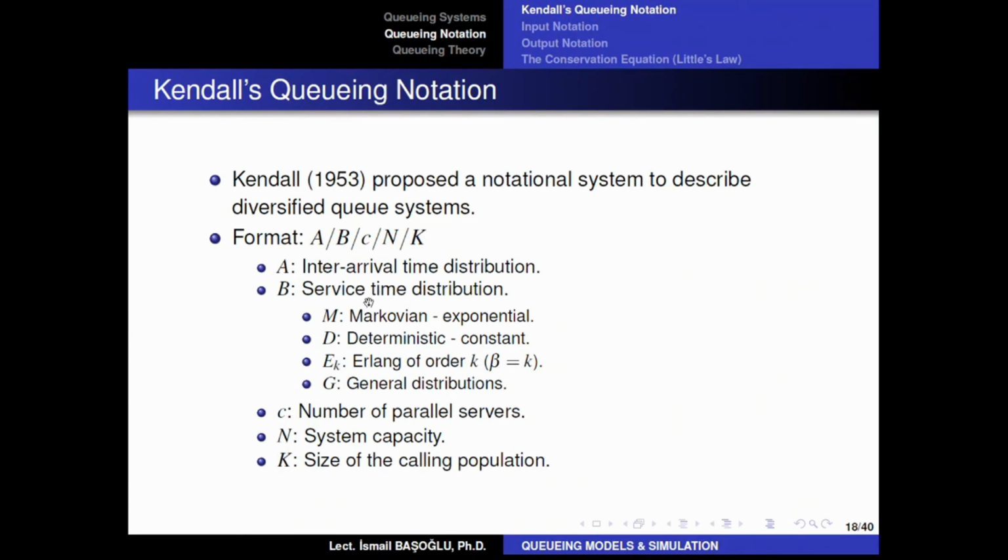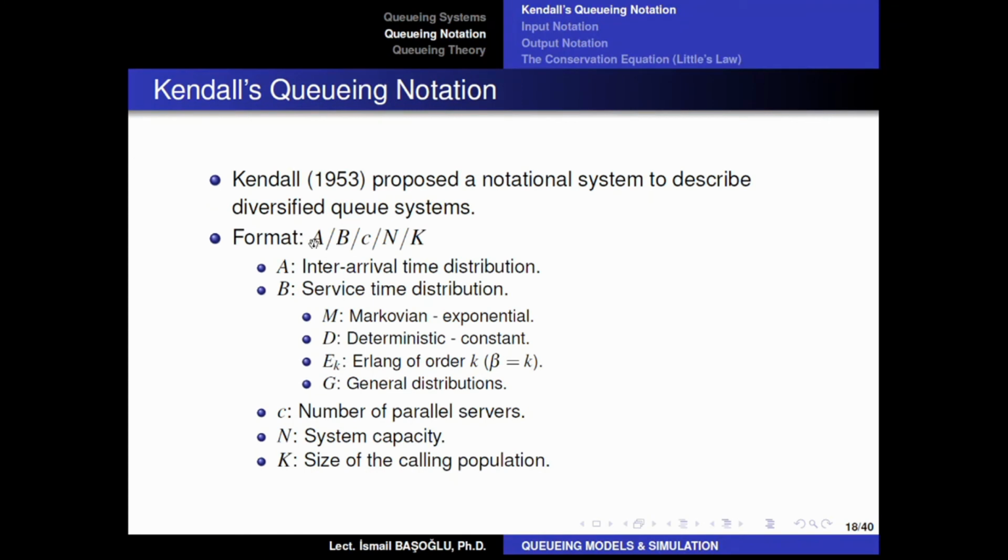And if the service times, for example, are also exponentially distributed, then we also write M in place of B. So, for example, in the notation, if you see the first 2 letters, M and M, this means both the interarrival times and the service times are exponentially distributed. However, they are independent from each other. They are just exponentially distributed with separate parameter settings.